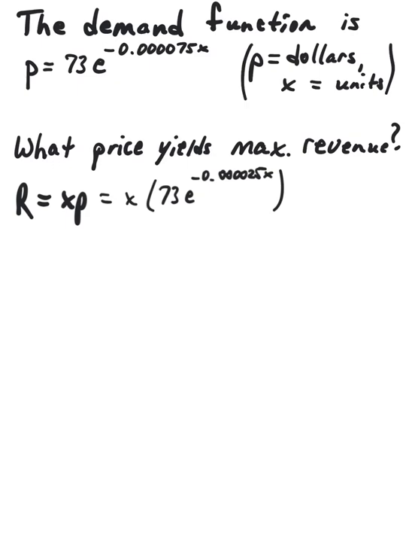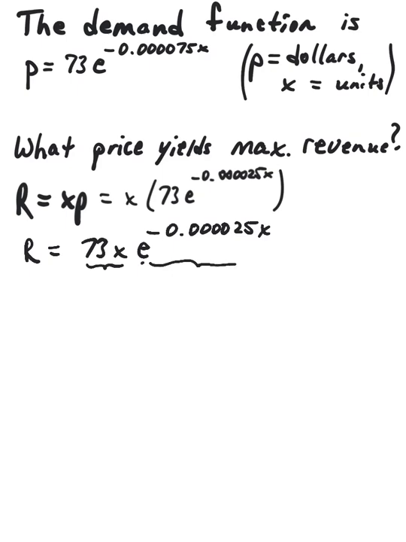Okay, so that's going to give us R equals 73x e to the negative, and I'm not going to read out that decimal, it's just too long. Now if we think of these as an algebraic times an exponential, when we take the derivative, because if we're going to find a maximum revenue, we need to know where R prime is equal to 0. We can take this derivative successfully using product rule.